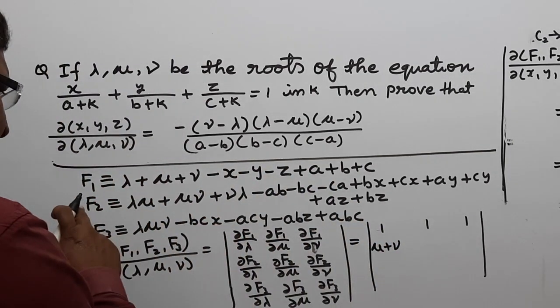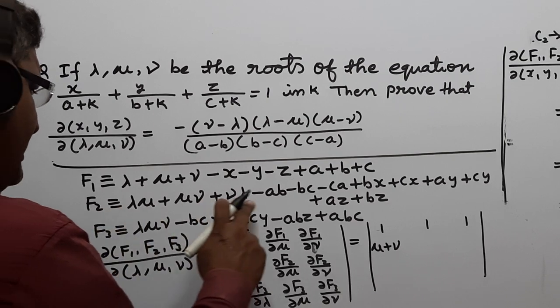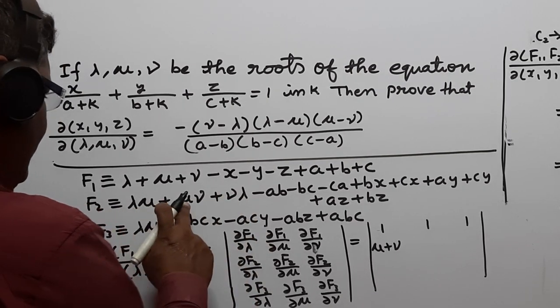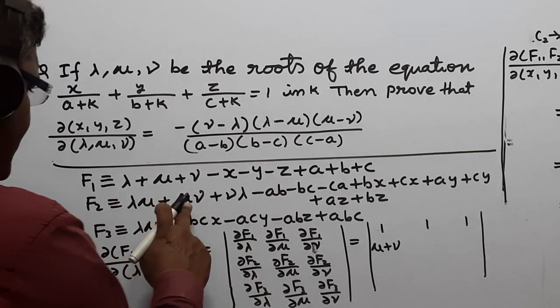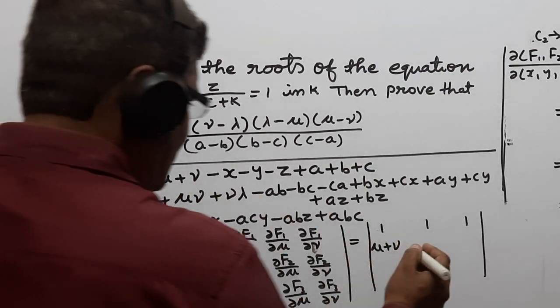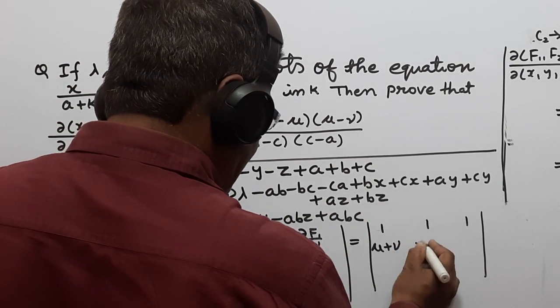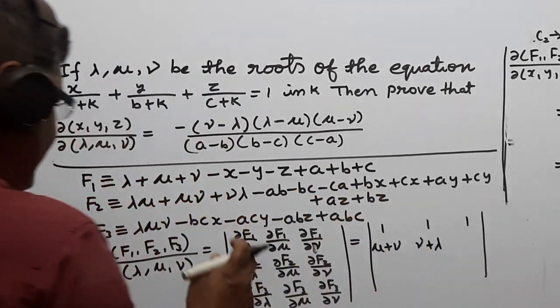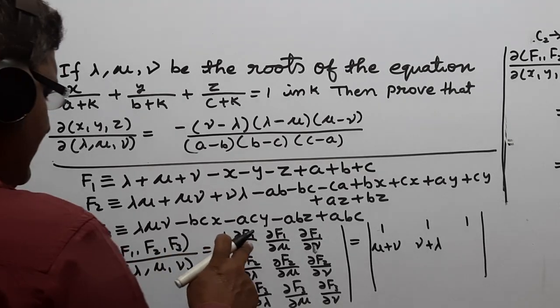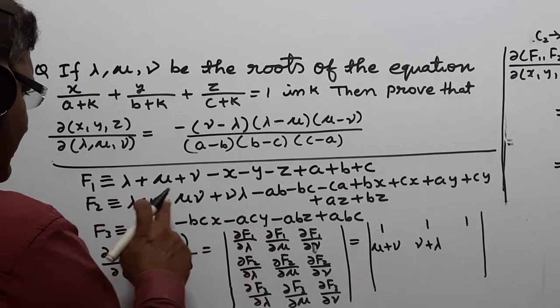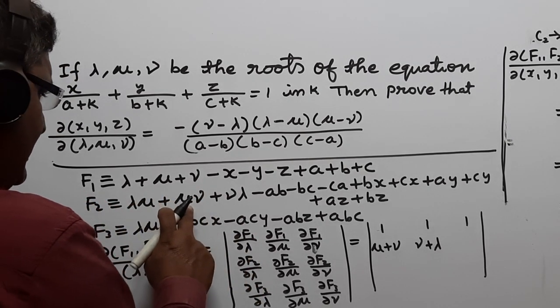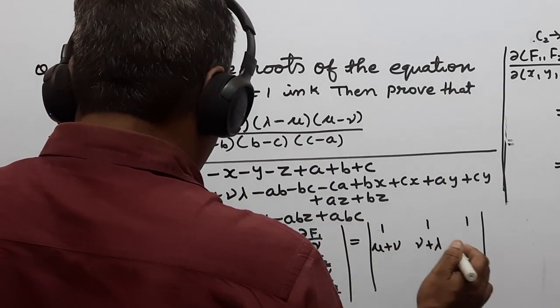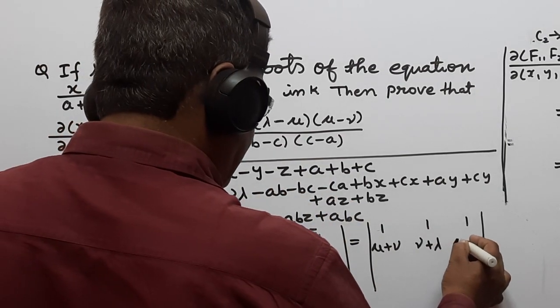Now we differentiate f2 partially with respect to mu, so we get lambda plus nu. When we differentiate f2 partially with respect to nu, we get mu plus lambda.